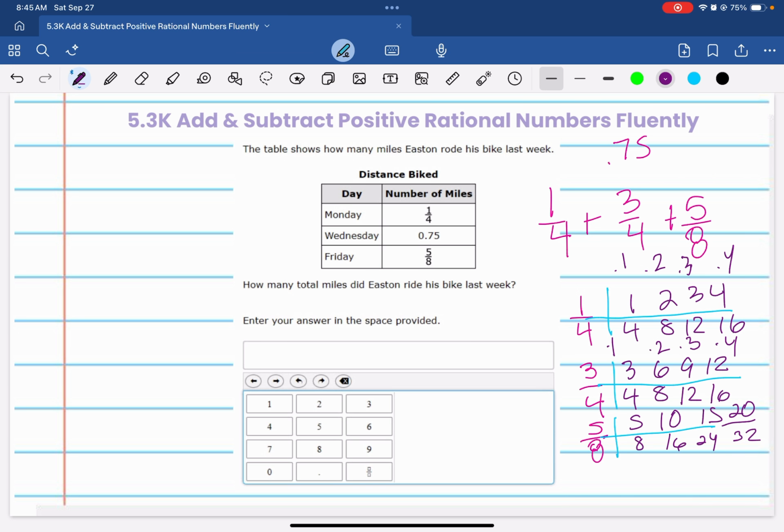I use the word skip count because that's what kids are familiar with. I'm looking at the bottom number, and I notice that 8 is the number that's the same for all of them on the bottom, which is our denominator. So now we're going to add all of these. I'm going to go to the other side.